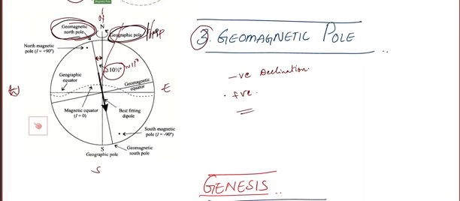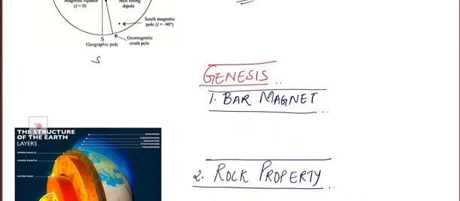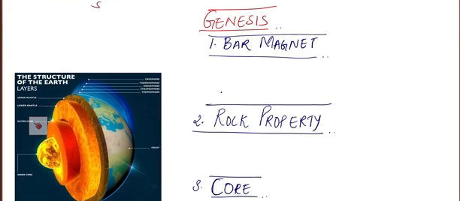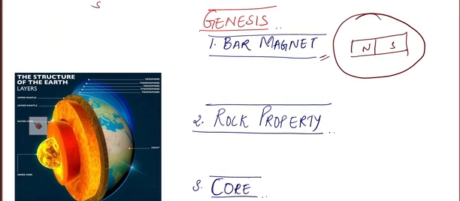And then let's see where the earth's magnetism started, and what the theories involved in magnetism are. The first and the oldest theory given by scientists was that the earth has a kind of bar magnet, consisting of a north pole and south pole, embedded in the interior of the earth.